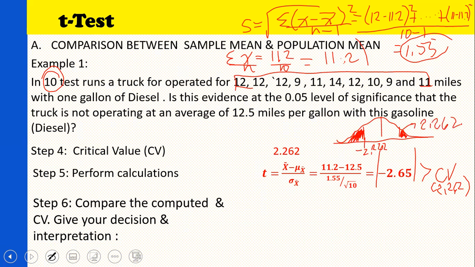We have already discussed this in our previous lessons, di ba? On this part, the color blue part represents the acceptance region of the value. And the red part represents the rejection region.